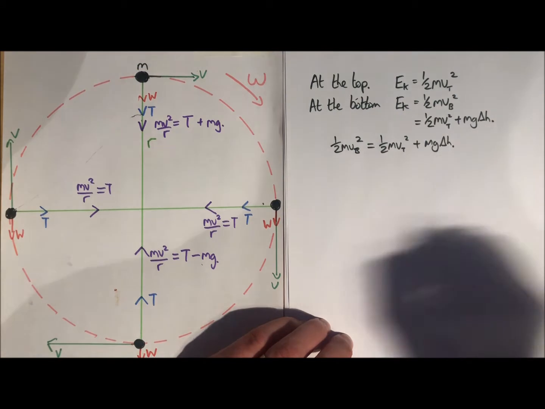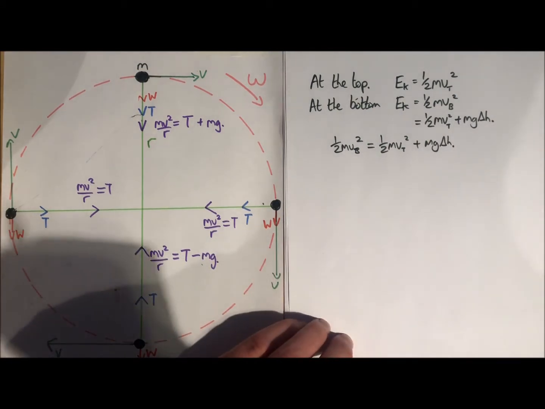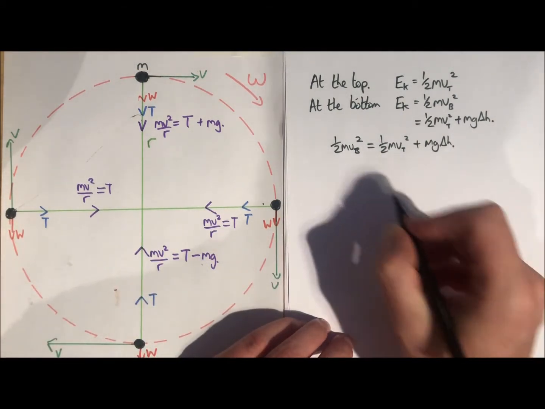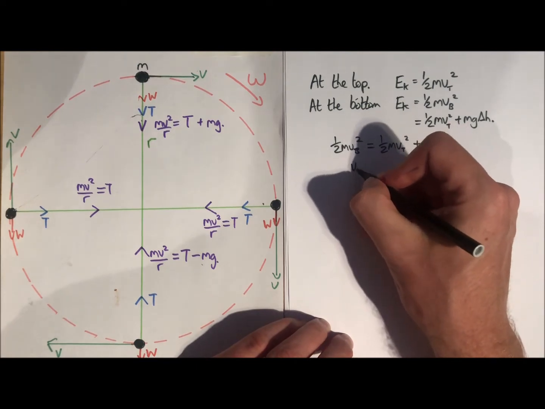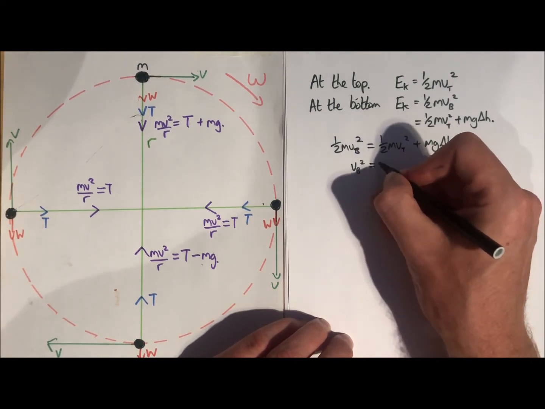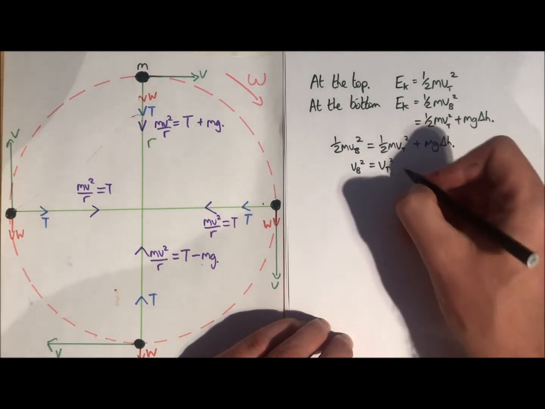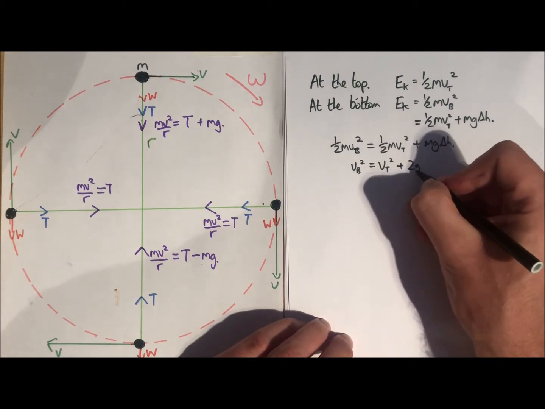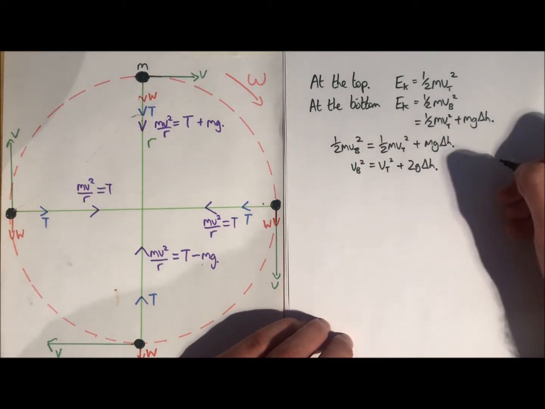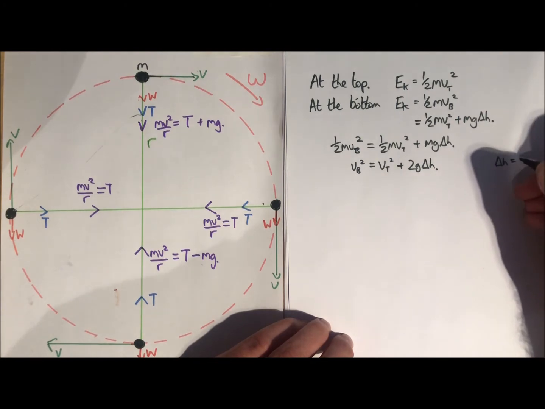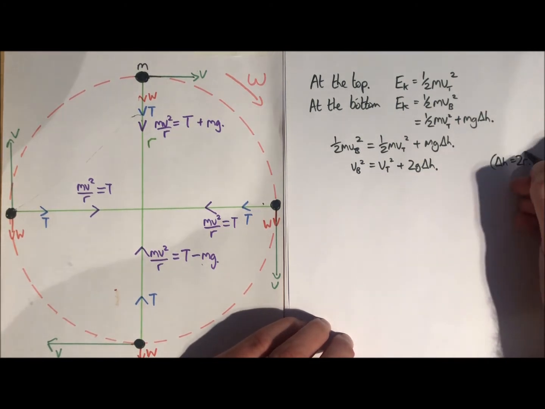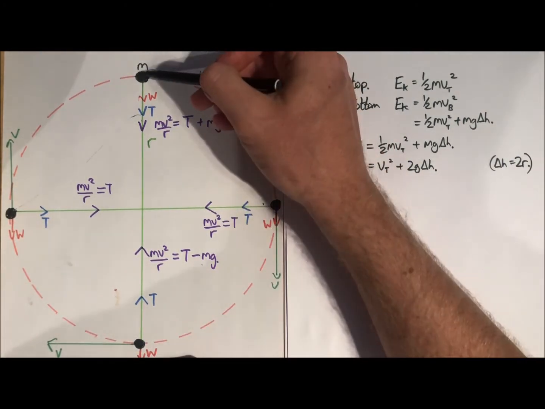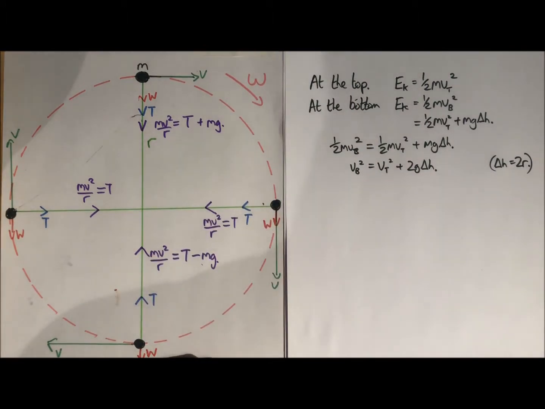You can see the masses cancel, and I'm going to multiply through by 2 to get rid of these halves. So the velocity at the bottom squared equals the velocity at the top squared plus 2g delta h. And delta h, remember, is just twice the radius, because it started up there and it's finished down there, so it's got to do a whole diameter.